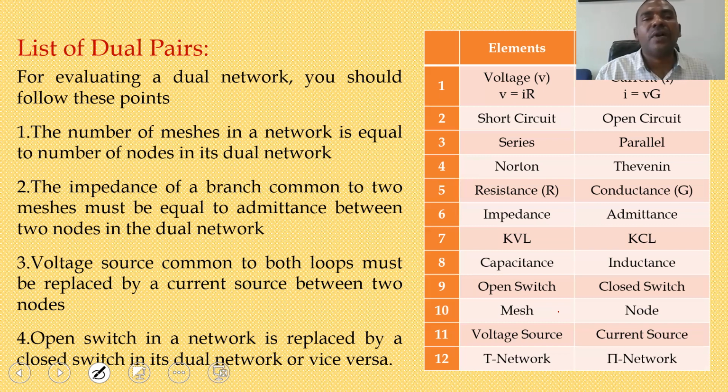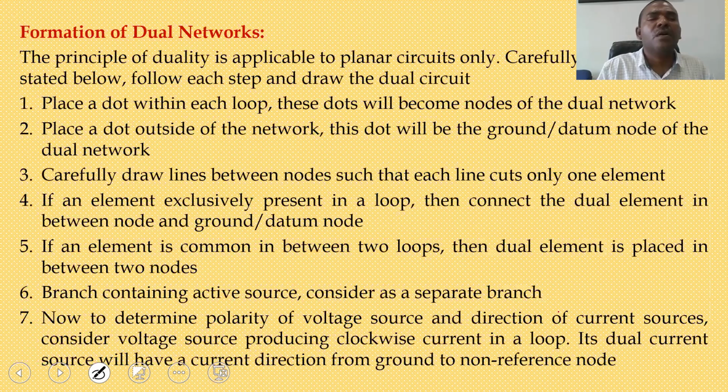Okay. So for formulation, the first step is, if the circuit is given with n loops, we have to take n plus 1 nodes. That means if n loops are there, we go for n plus 1 nodes. Each node must be represented at the center point of the loop, and take one notation.